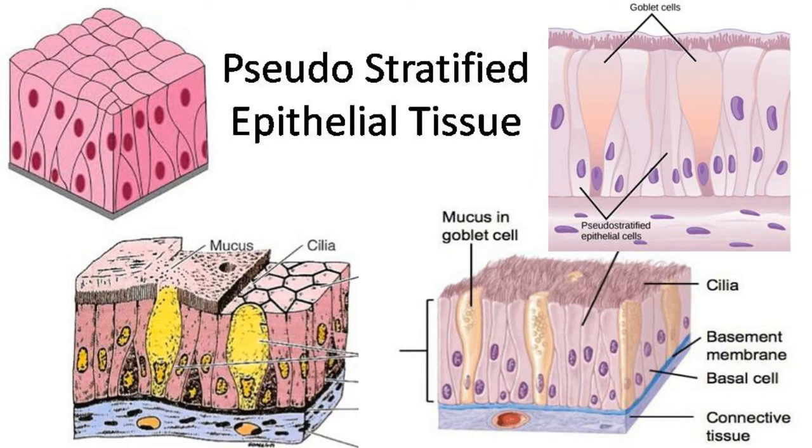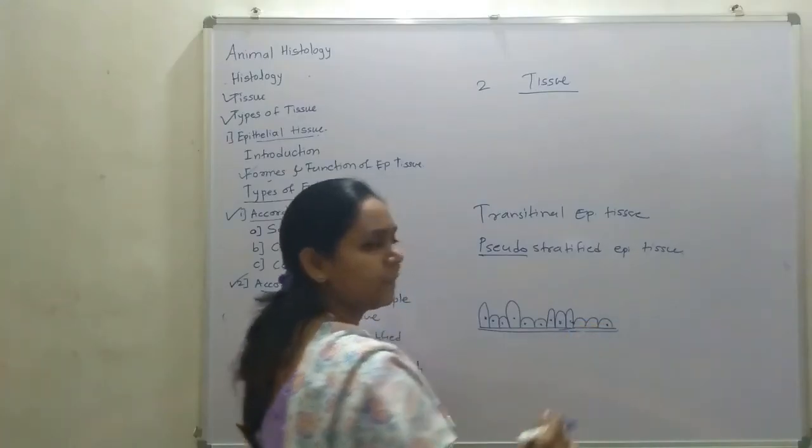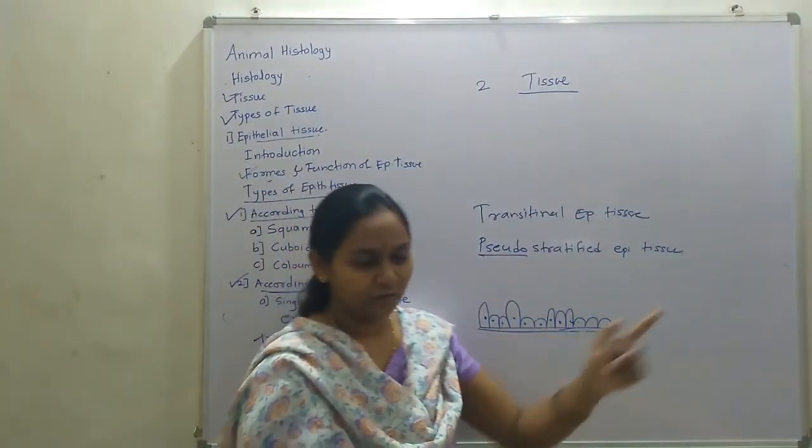But different shapes of cells, different types of cells are arranged on the single layer. So it looks like, but is not, a multi-layer. It is a mimicry. Then it is called pseudo-stratified, because it is a single layer, not a multi-layer, but it looks like a multi-layer because different shapes of cells are present in the single layer. So it is called pseudo-stratified epithelial tissue.